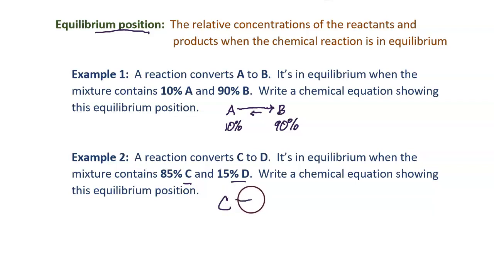The forward arrow will be shorter than the reverse arrow, because at equilibrium, 85% of the substances in the reaction are C, and only 15% of the substances are D. This reversible reaction favors the reverse reaction.